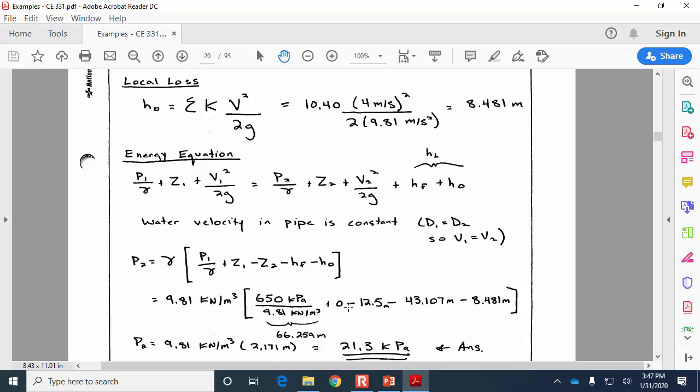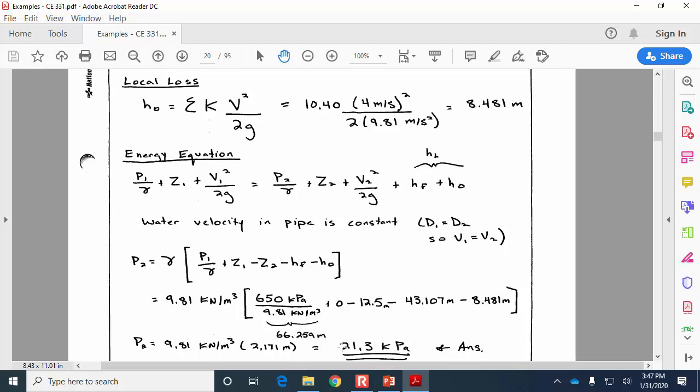So you'll notice the minus sign there is because it's higher downstream. And we're going to have less pressure at 2 because of the effect of the pipe friction. So the minus there means that we're reducing the amount of pressure that we'll see downstream, and also the local losses. And so there's only about 2 meters of pressure head downstream, which gives us 21.3 kilopascals downstream.